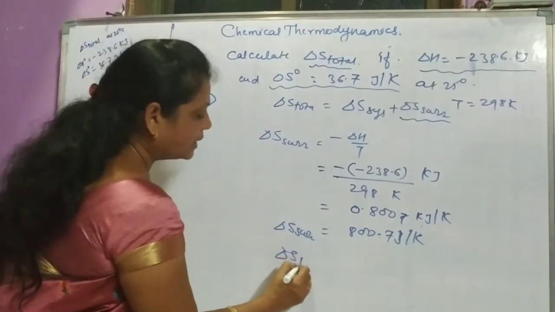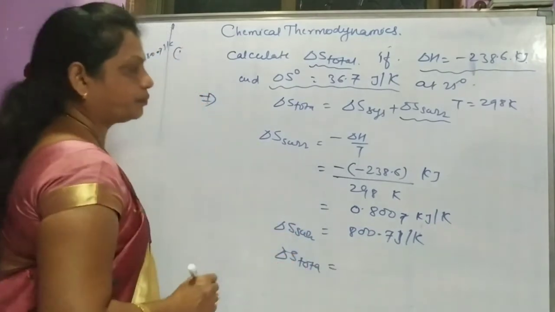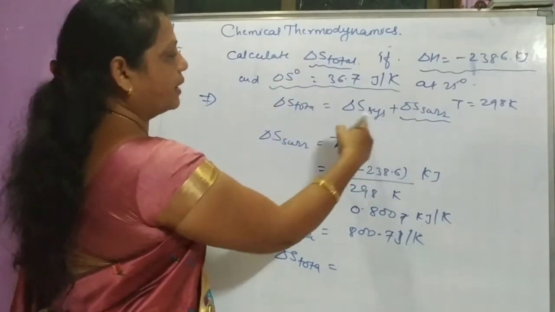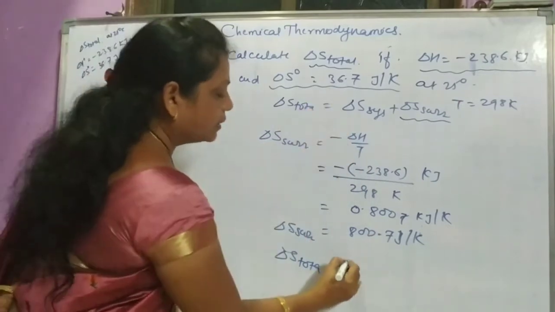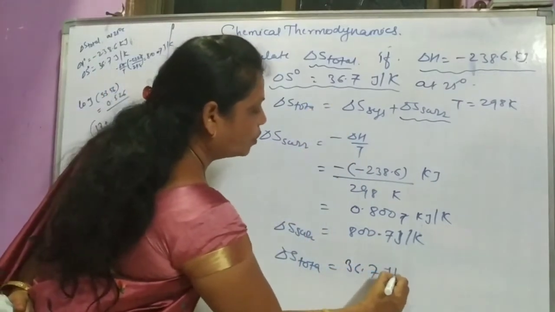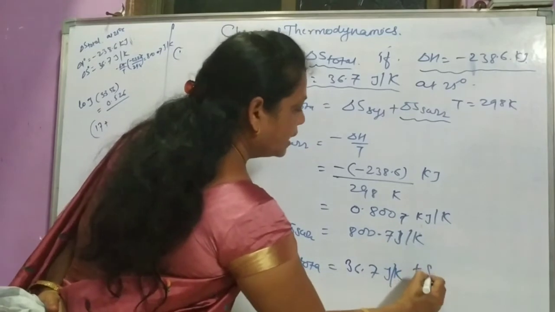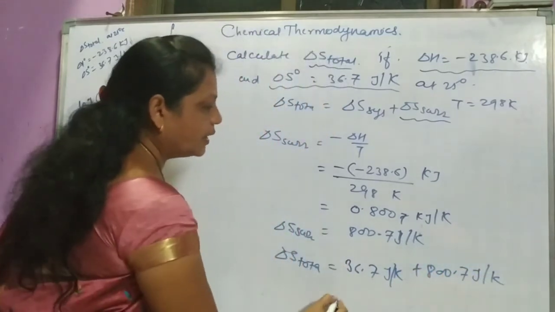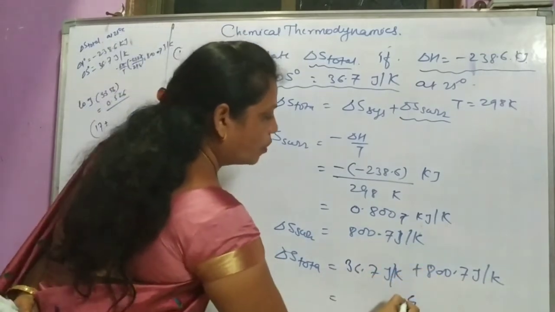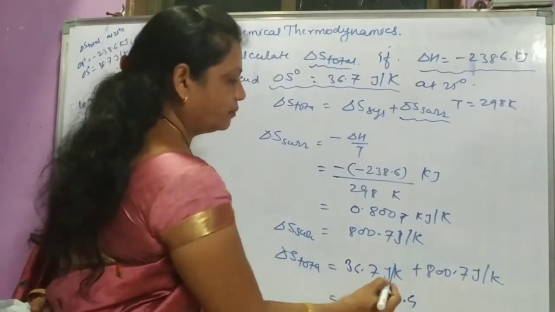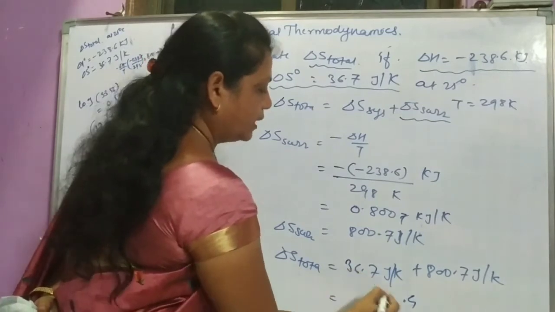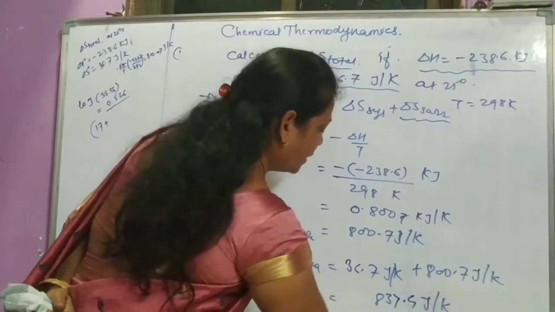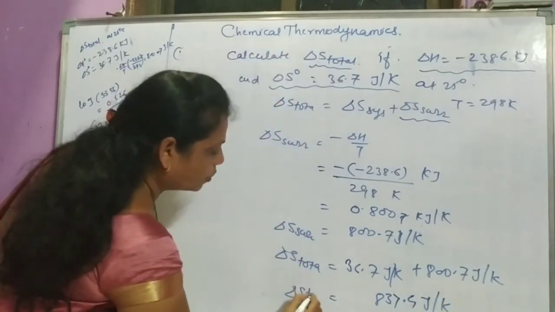Now del S total is equal to del S system plus del S surrounding. The system is 36.7 joule per Kelvin plus 800.7 joule per Kelvin, which gives 837.4 joule per Kelvin, del S total.